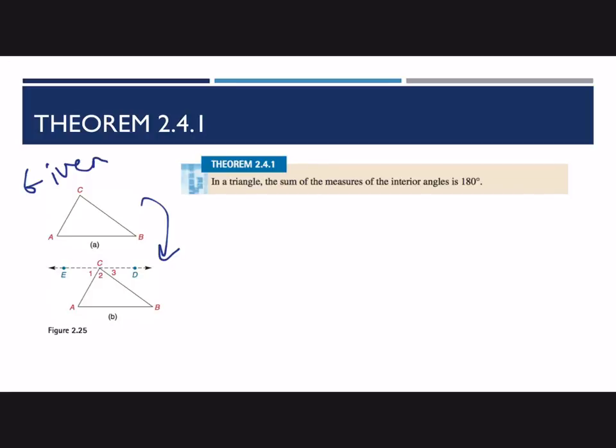It makes it a little bit more clear. So we want to draw, and sometimes we'll say construct, or you can say draw or create, construct line ED through C parallel to AB.